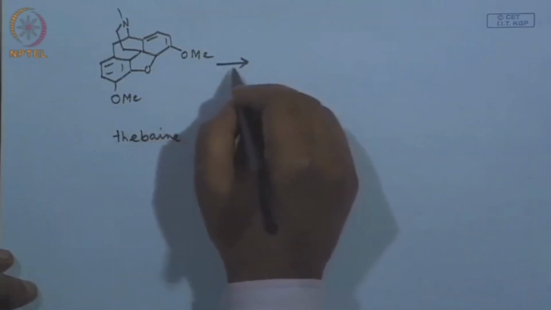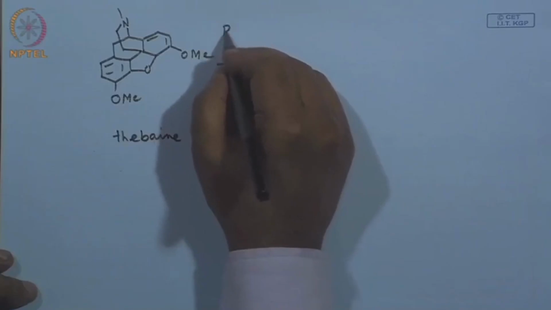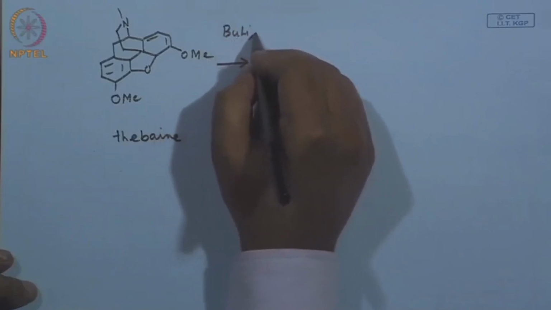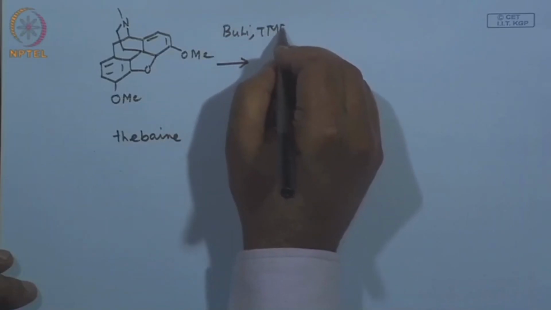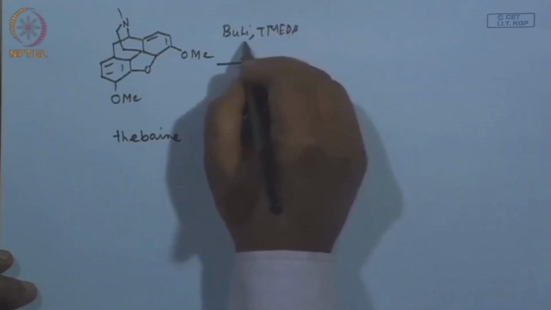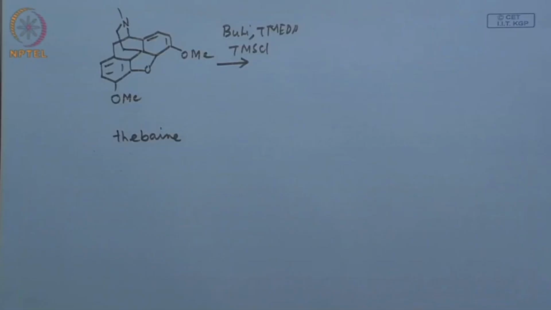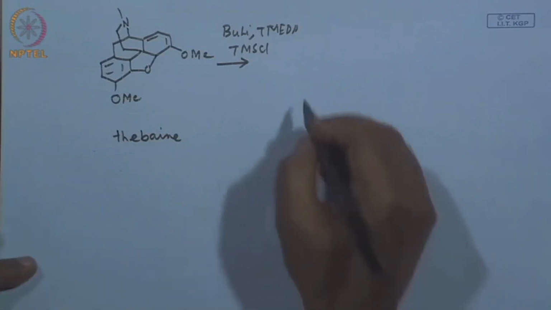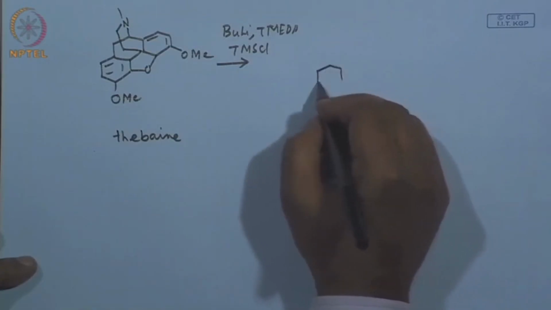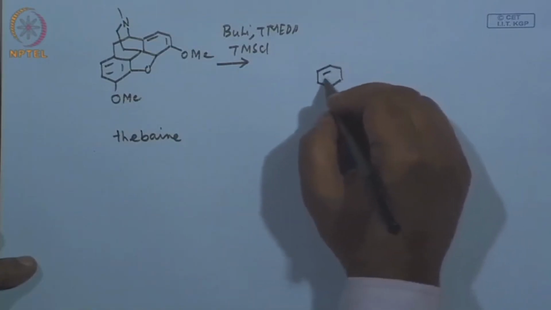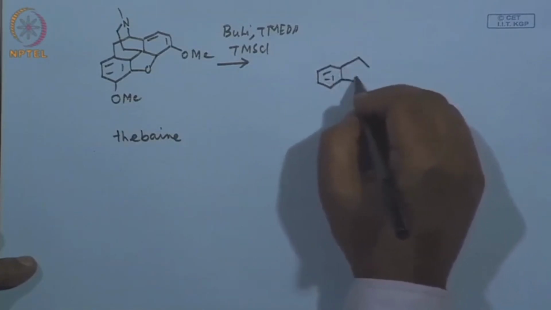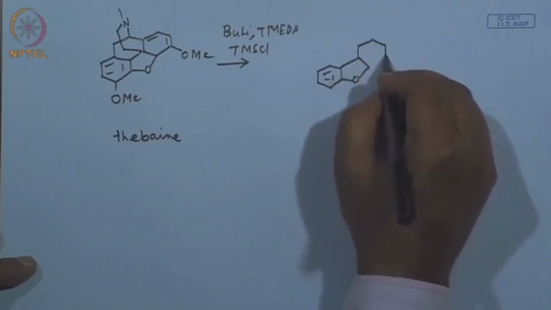If you now do this again, our lithiation chemistry, butyl lithium, TMEDA and TMS chloride, which position would be lithiated? I will not write the full structure, I will write only the structure where the lithiation would take place.